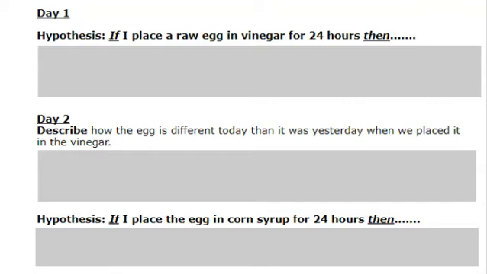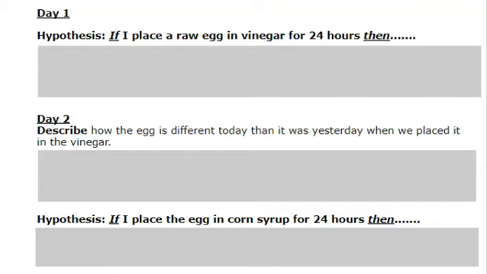Okay, so now we are going to write that description and the hypothesis for day 2. It says describe how the egg is different today than it was yesterday when we placed it in the vinegar. That's a pretty easy description, right? Just a sentence or two would be good enough right there.